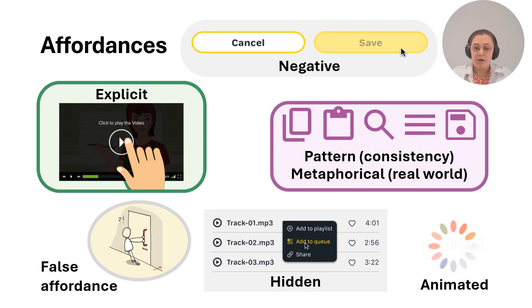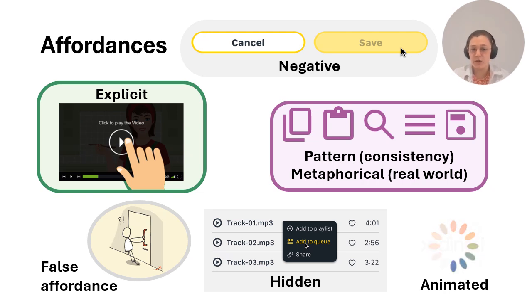We also talked about consistency already, and these can also be called pattern affordances. So essentially consistency among technology, but they can also be considered metaphorical affordances, because some of them are related to the real world.